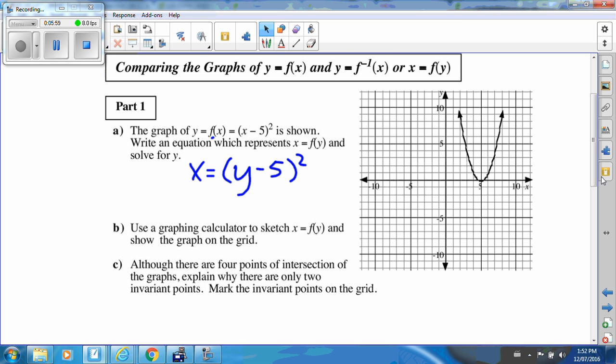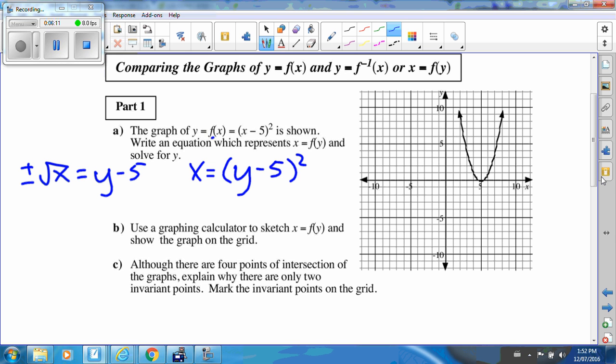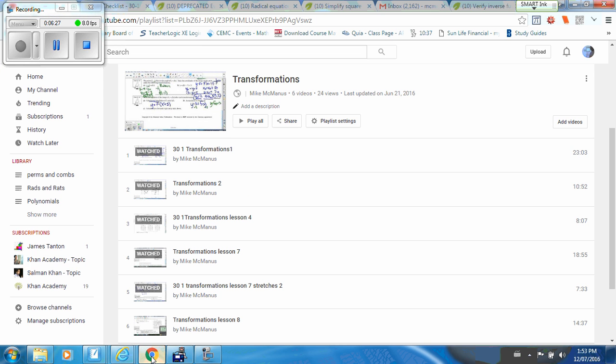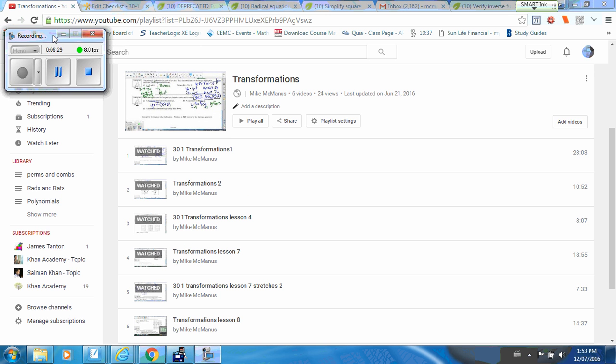If you were solving for y, you'd first have to take the square root of both sides. So you get root x equals y minus 5, although it's technically plus or minus root x. So we're going to get y equals root x plus 5 and y equals negative root x plus 5. But in Desmos, we can actually just type those whole things in.